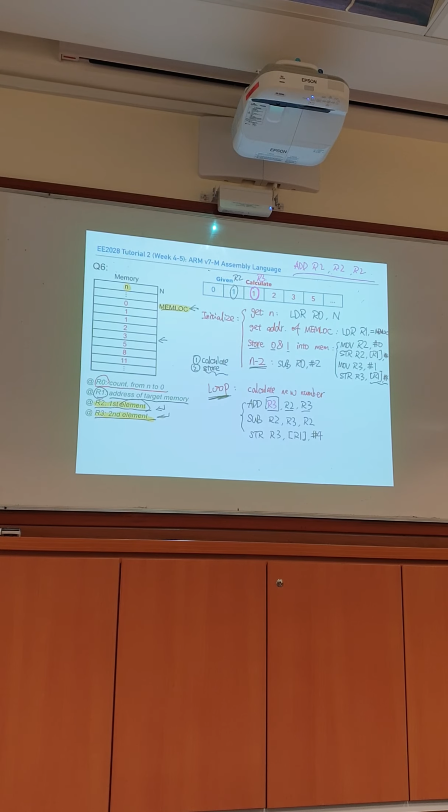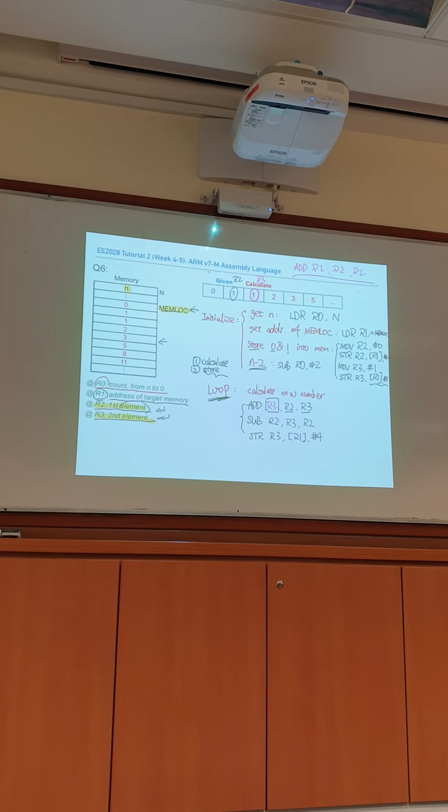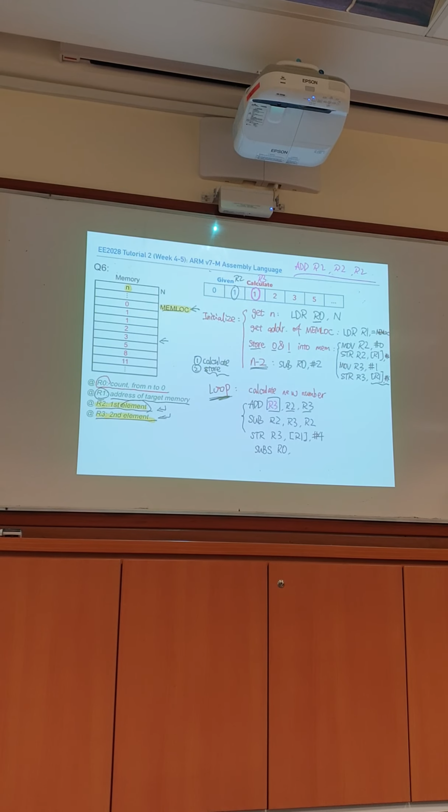But okay, what's next? Adjust your counter. See when is the situation to go back, when is the situation to finish this loop, right? So who is the counter? R0 is your counter. Then SUBS R0, how many? 2.